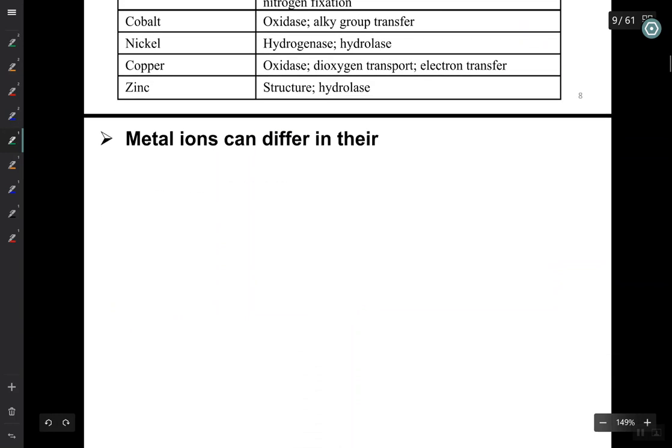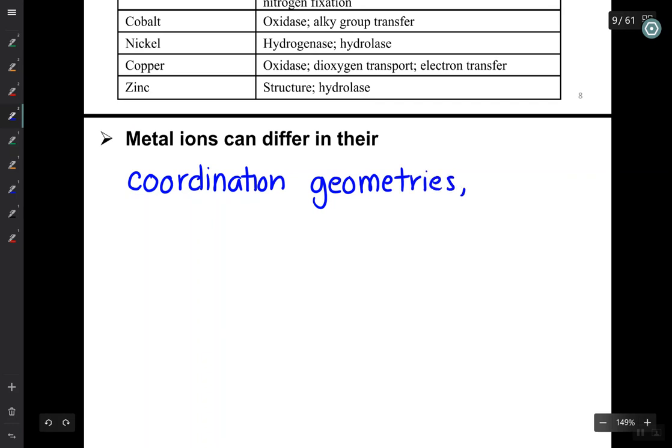If you've taken inorganic chemistry, and I think most of you guys have, you know that metals can differ in many different physical and chemical properties. For example, they have different coordination geometries. They have different oxidation states. Lewis acidity.